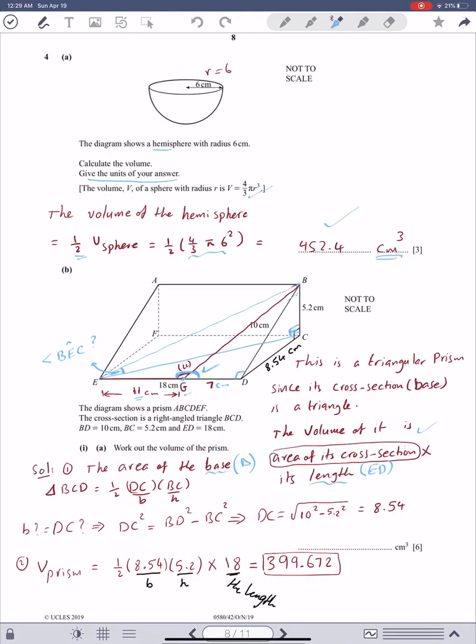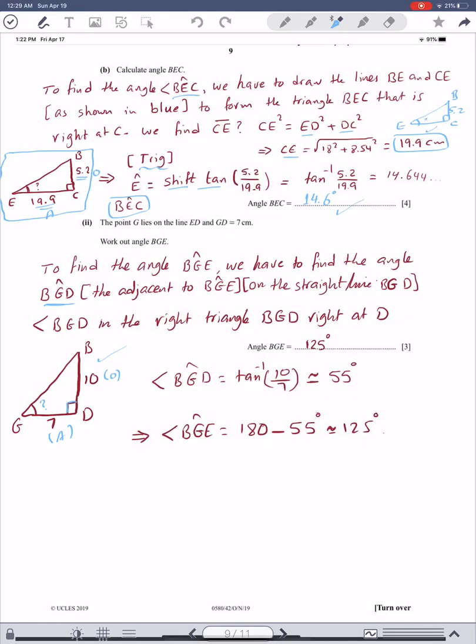So you are finding BGD, which is this one in black. Then I find in blue the one that I want. So BGD, by calculating shift tan of 10 over 7, is 55 degrees.